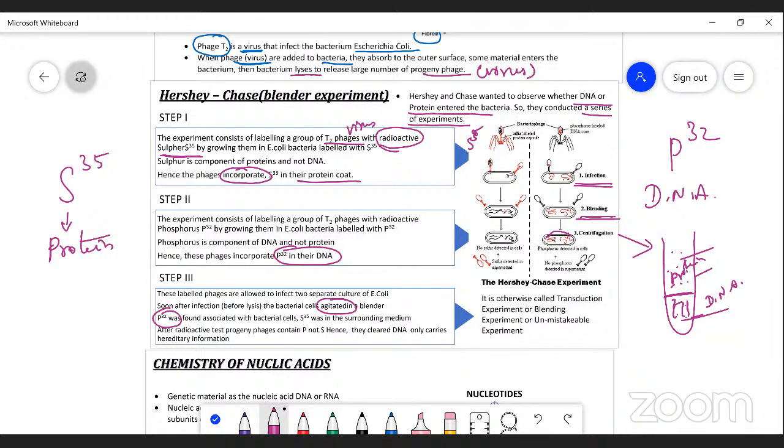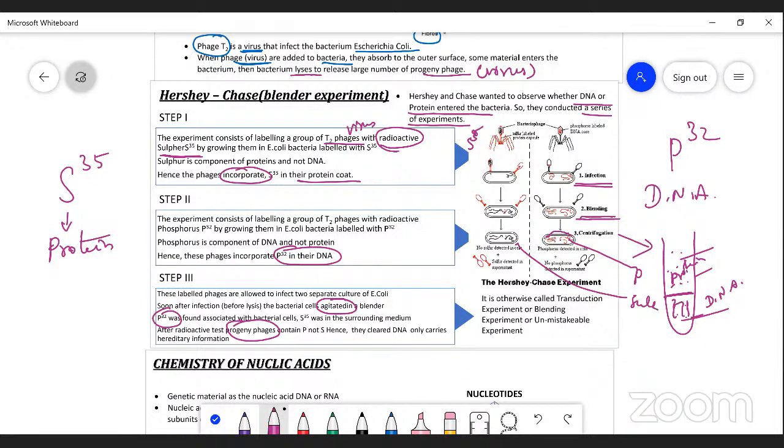After the radioactivity test, we can see the progeny, that is the young phages, contain phosphorus inside the cell, and sulfur is outside of the cell.